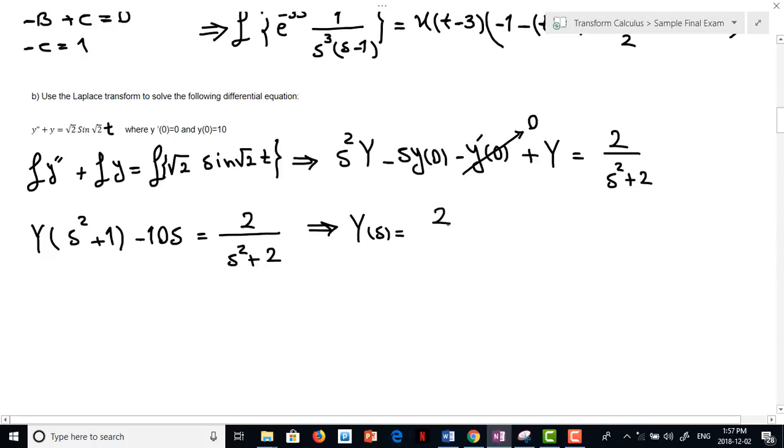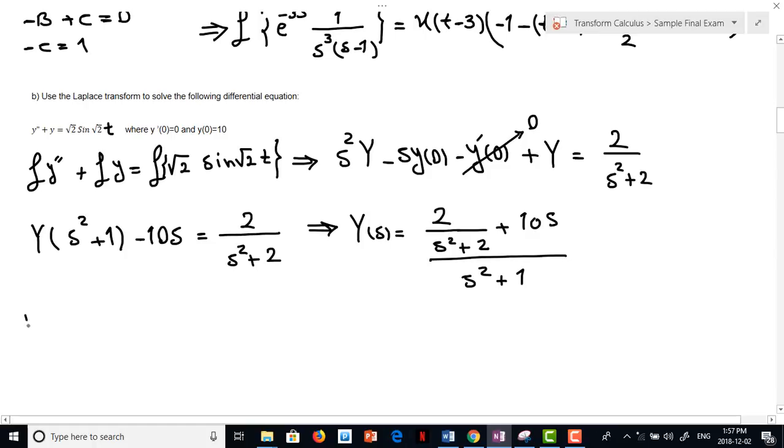So if I want to find Y(s), Y is equal to 2 over (s squared plus 2) plus 10 s, and it's all divided by s squared plus 1. I can simplify it.